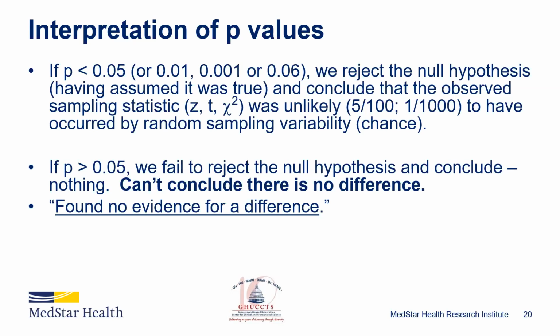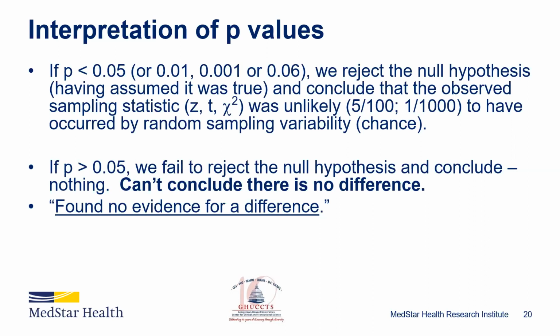And so it's stated in terms of a probability, not an absolute yes or no. If we set alpha at 0.05 and get a p-value equal to 0.05 or less, then what we mean is that on average, over repeated sampling, we'd be making a wrong decision 5 out of every 100 times.